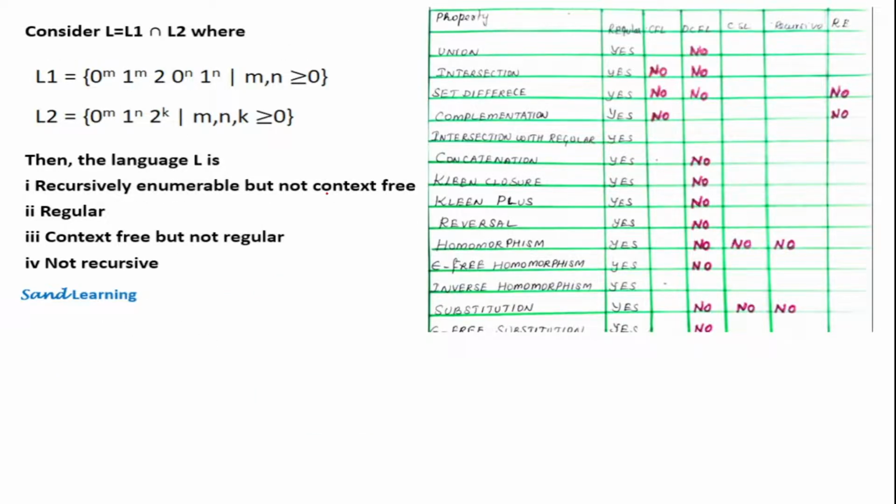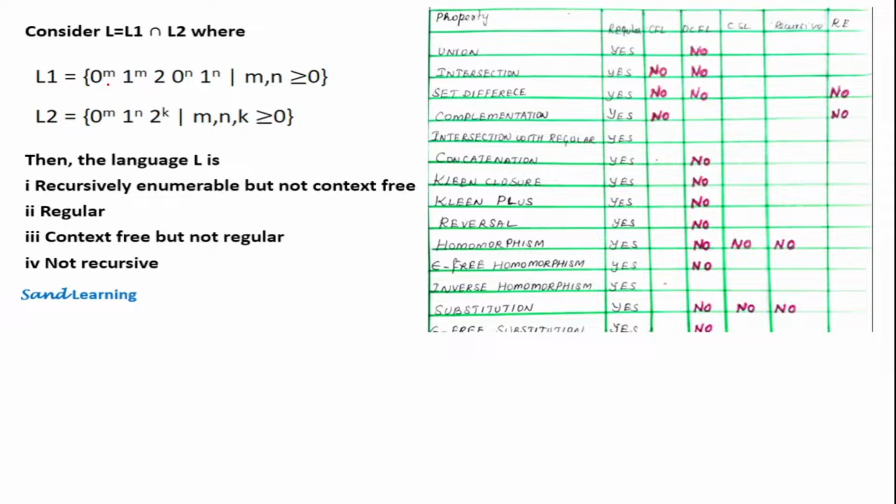And the next question is: consider L1 intersection L2. L1 and L2 languages are given. Then the language L is recursively enumerable but not context free, regular, context free but not regular, and not recursive. First we have to identify what type of language L1 and L2 are.